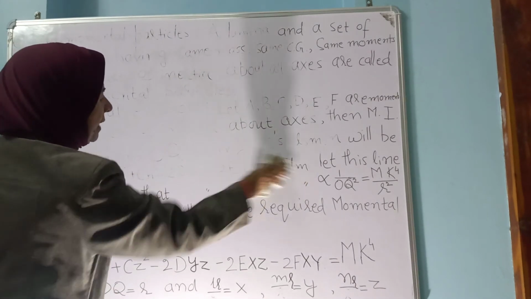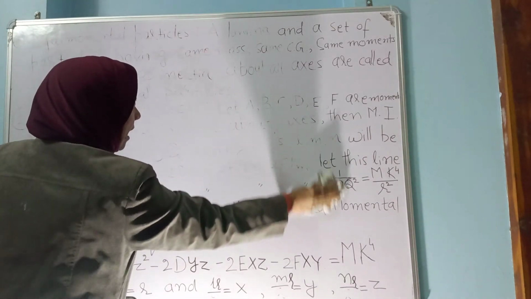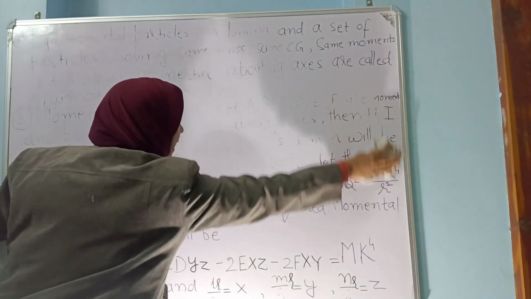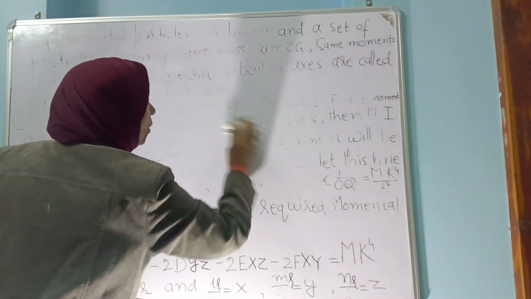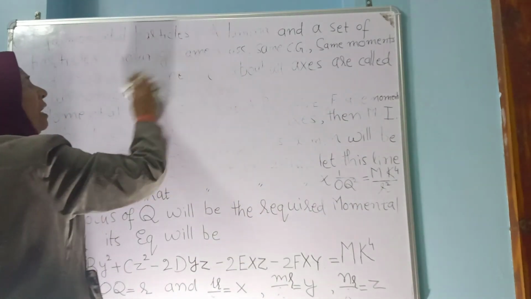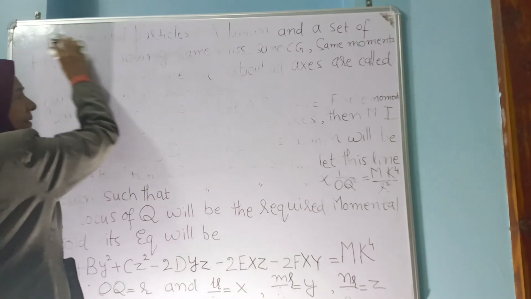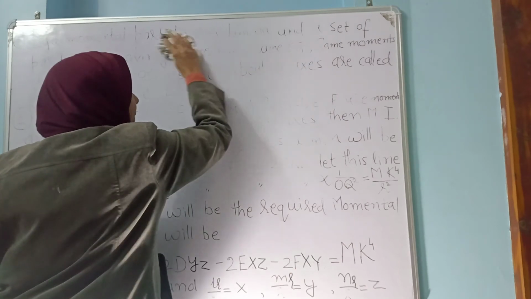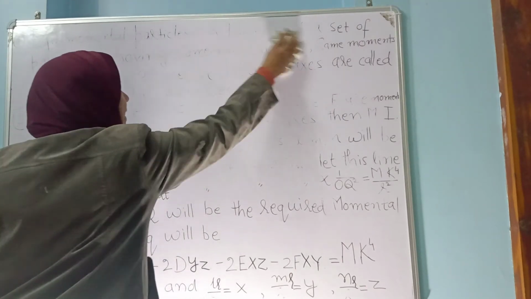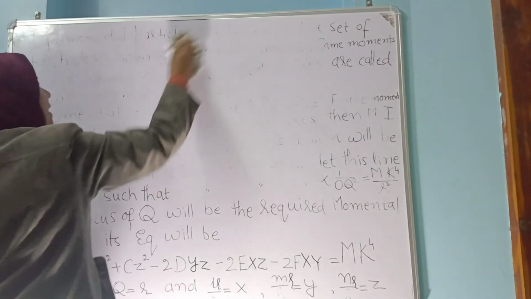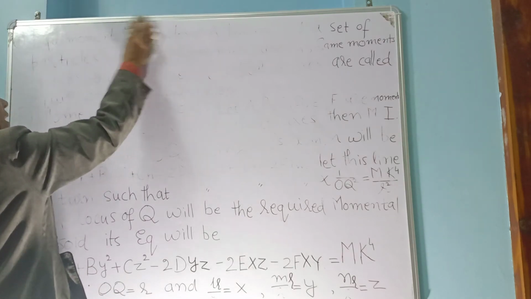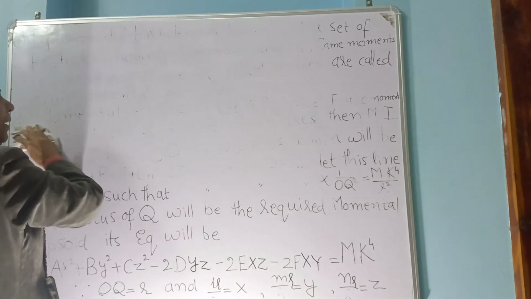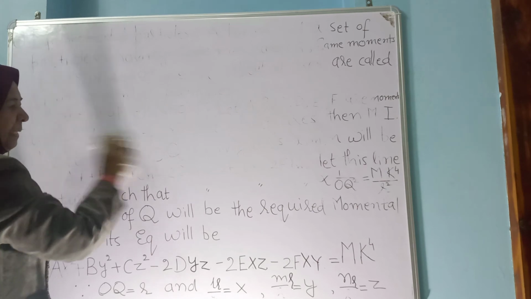The axes, a pair of axes about which the product of inertia vanishes. What is a principal axis? A pair of axes about which the product of inertia vanishes.